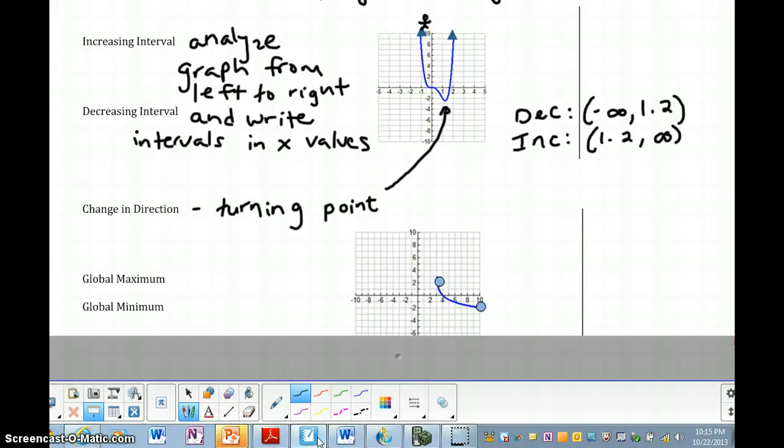Some more vocabulary. As we're talking about different words, you'll need to understand what a global maximum and a global minimum are. A global maximum is a maximum value of y that occurs at the endpoint of a domain. So see how we have an endpoint here and an endpoint there. This point right here would be a global maximum, and this would be a global minimum.